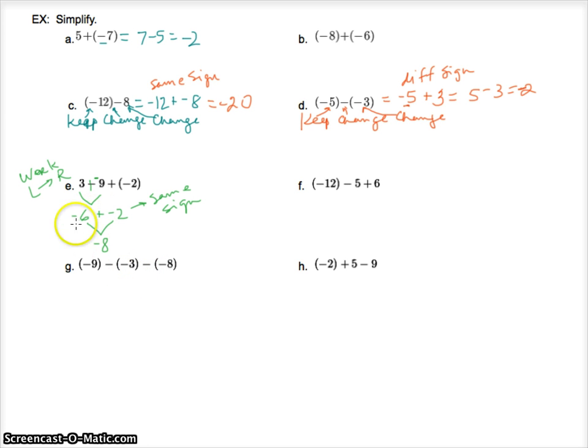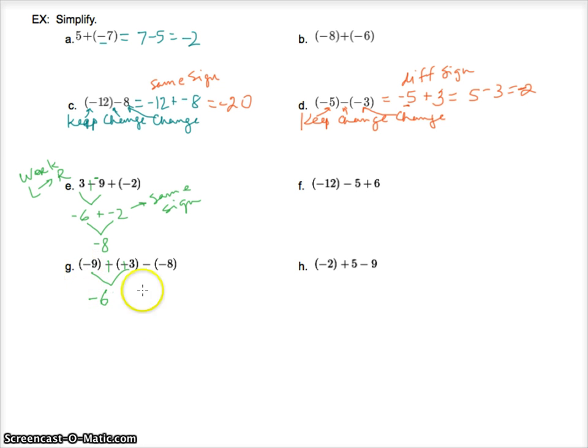Let's look at one more problem. We're going to look at letter G. Negative 9 minus negative 3. So I have to add the opposite of the second number. So negative 9 plus 3 is the same as 9 minus 3. And keep the sign of the larger number, so we have 6. 9 minus 3 is 6.